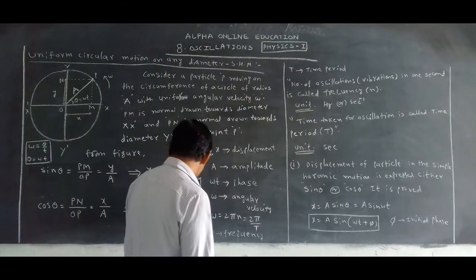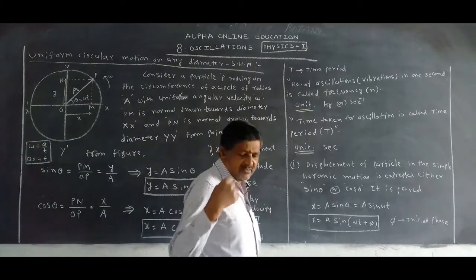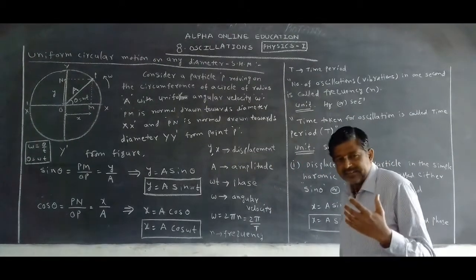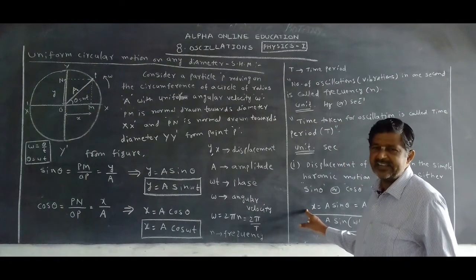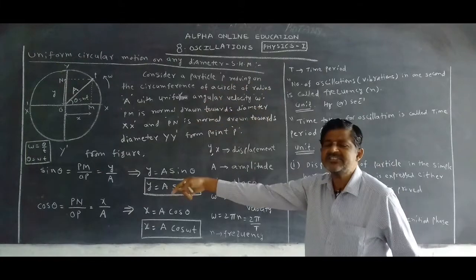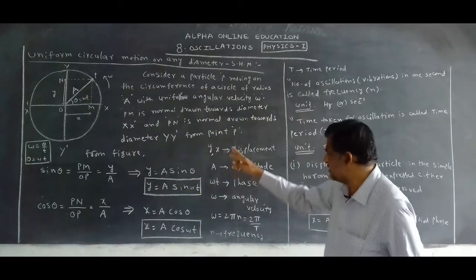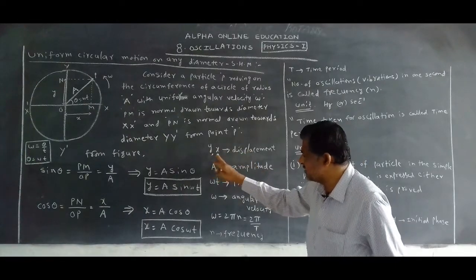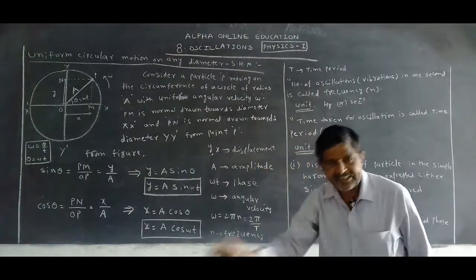It is our wish to write x or y, but here mostly we take x is equal to a sin theta. From the derivation we get sin theta is equal to y. What is y? Y is displacement. No need to take y. X also you can take. It is not wrong.